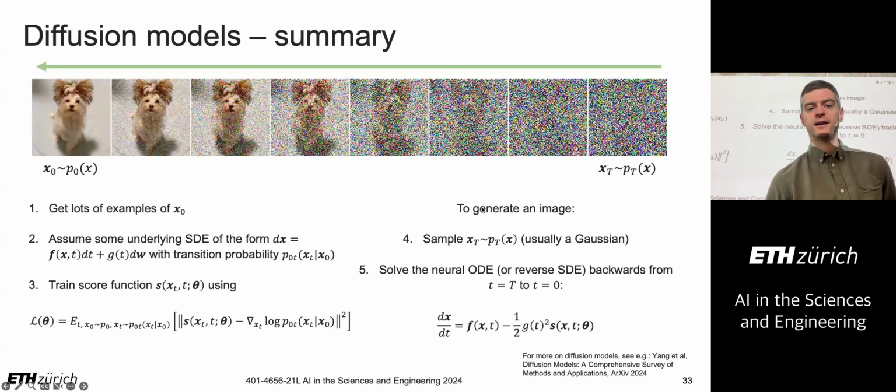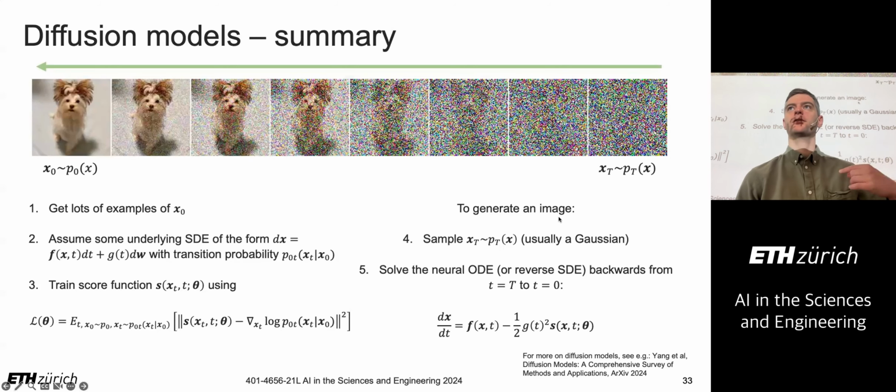So we train the network, and then when we want to generate an image, we just sample, or we solve this ODE, or if we want, the reverse stochastic differential equation, given that learned score function, backwards in time to be able to generate a new image. So we start from some random sample as the initial condition of this ODE, and then we solve it through time with an Euler solver or whatever other type of discretized solver you like.